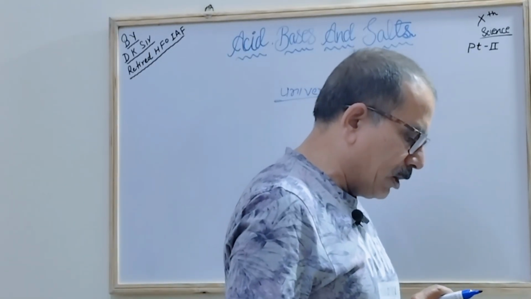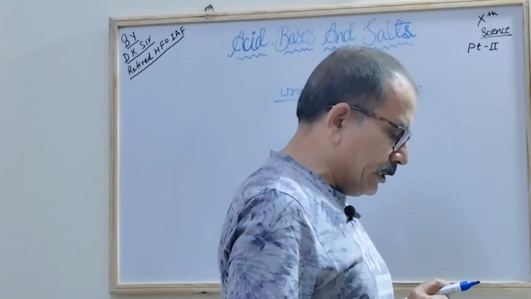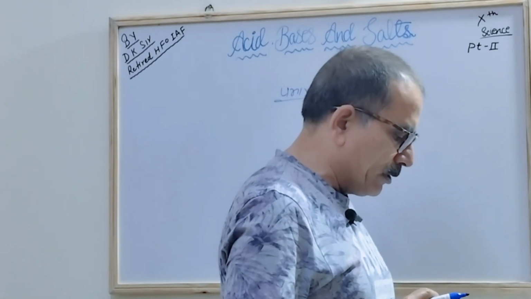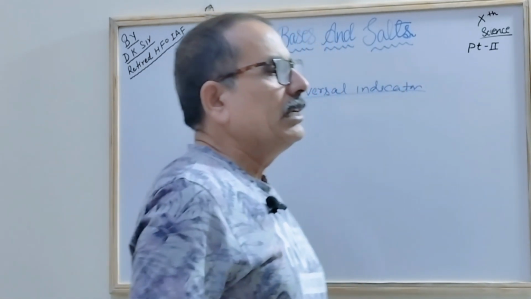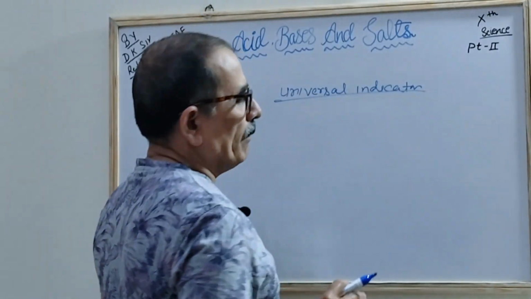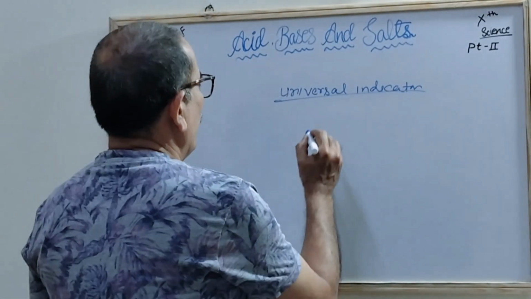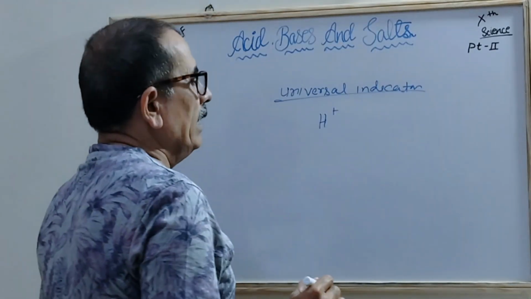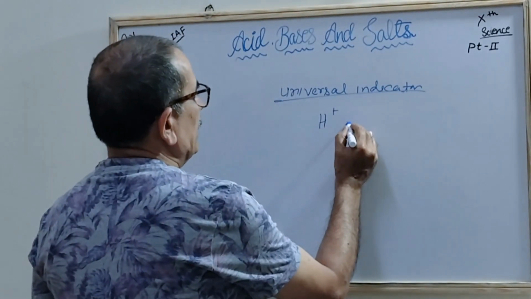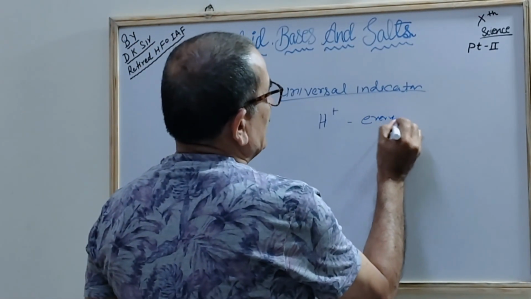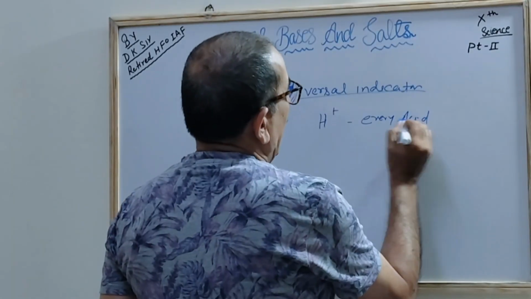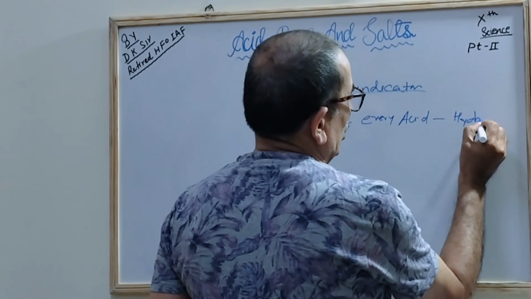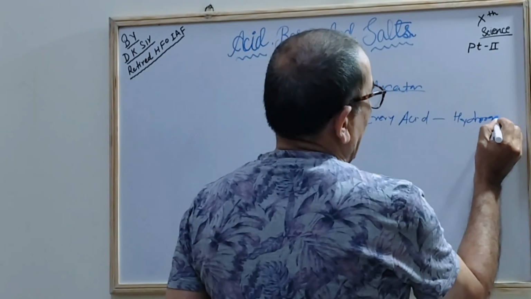This is a mixture of several indicators. It shows different colors at different concentrations of the hydrogen ion. In the universal indicator, we are concerned with the H plus ion, correct? We know that every acid has hydrogen.